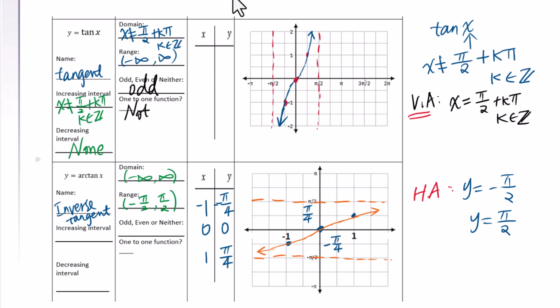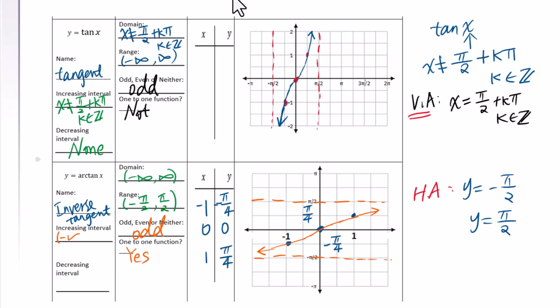This is an odd function because the graph is symmetrical about the origin. It is a one-to-one function because it passes the horizontal line test. From left to right, the graph is going up.